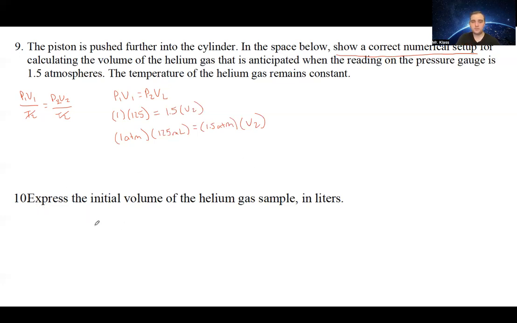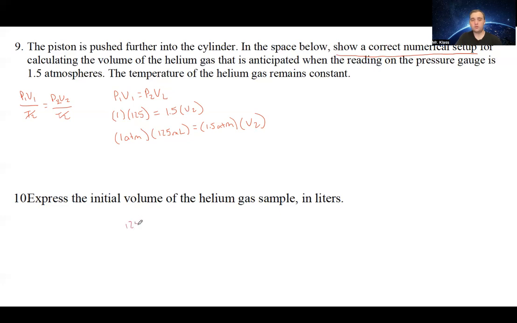Okay, question number 10. This doesn't relate necessarily to gas laws, but it should be something that you should be familiar with from unit conversions. Everything in chemistry builds upon the previous unit to tie it into a bigger picture. So it's good to review how to do a unit conversion from milliliters to liters.